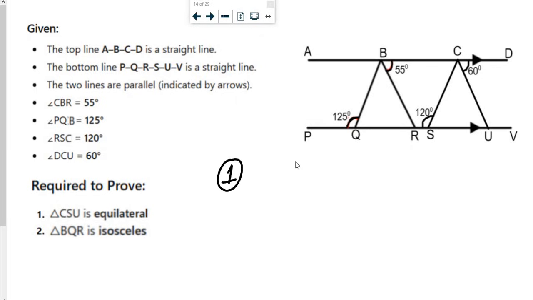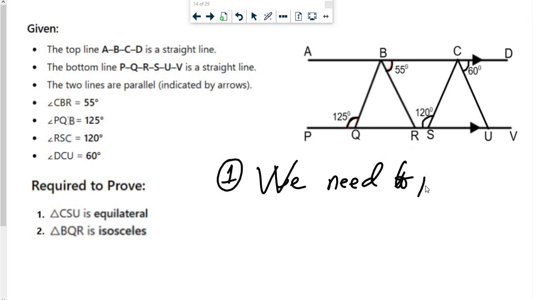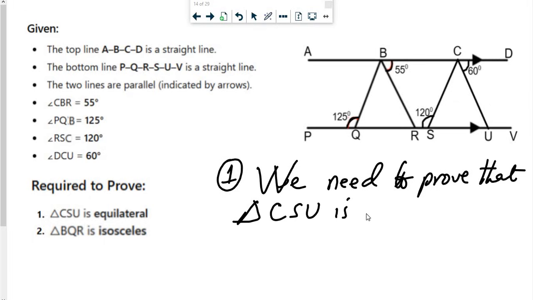So for question number 1, we need to prove that triangle CSU is an equilateral triangle. Now, how do we do that? It's pretty simple.